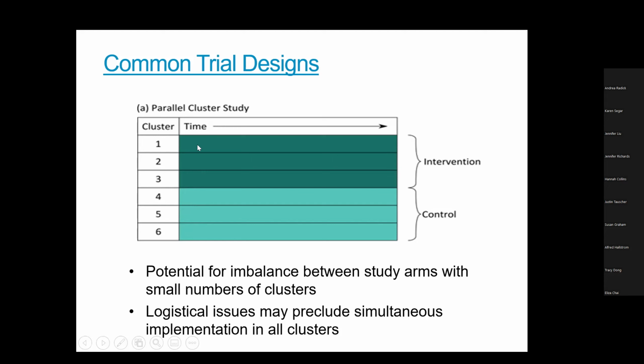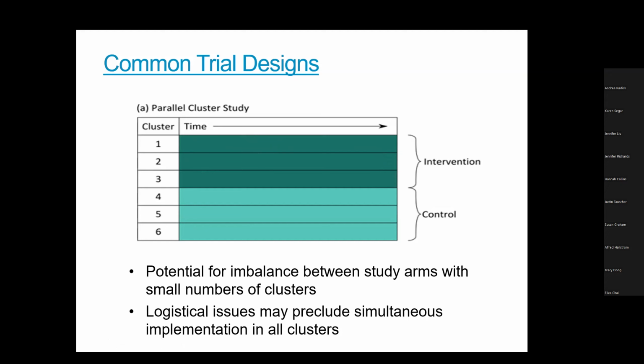Remember, in every cluster there'll be many, many individuals. I'll enroll and follow those individuals over time, applying the intervention to this cluster, and measure the outcome on those individuals, and that will be the basis of my analysis.